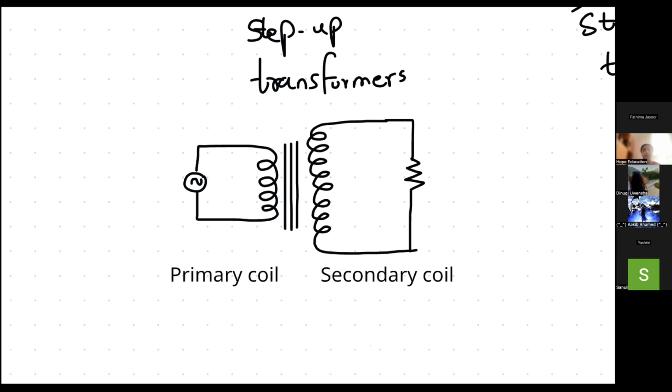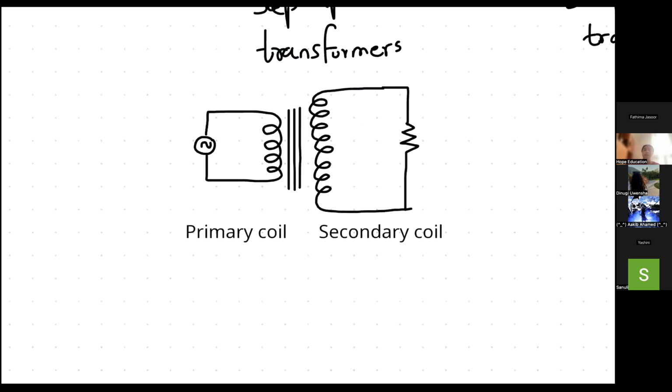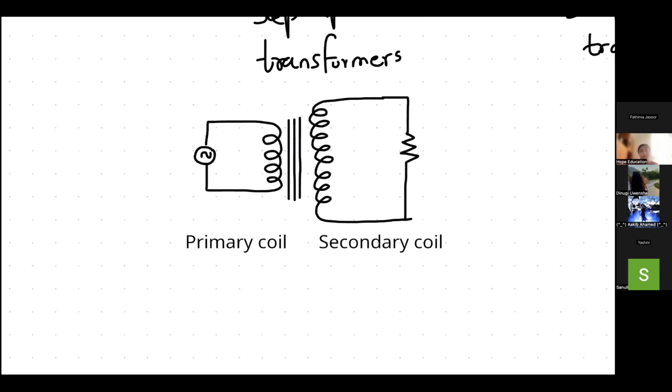Okay, we have a primary coil and we have a secondary coil. Now, which one has more number of turns? Is it the primary coil or the secondary coil? In which coil is the number of turns larger or higher? Pick it up.